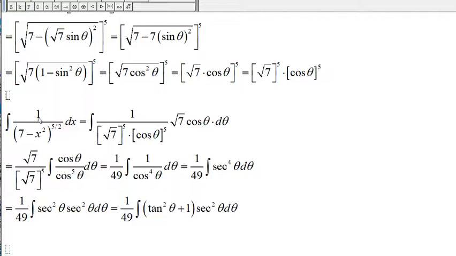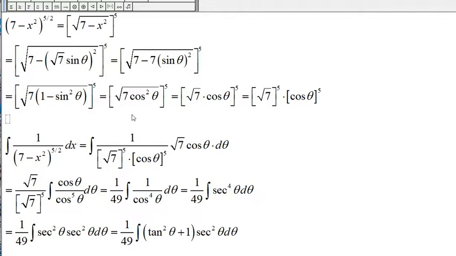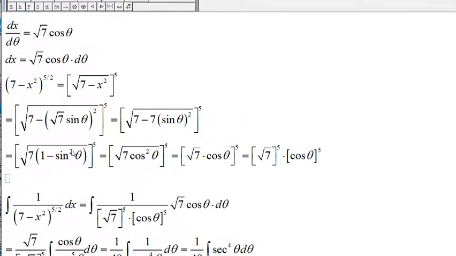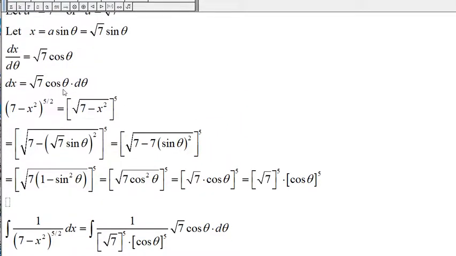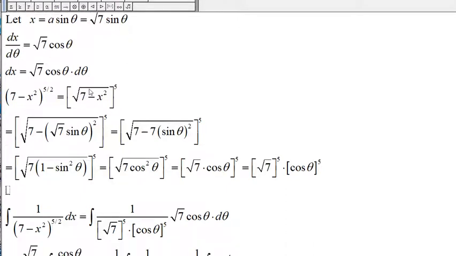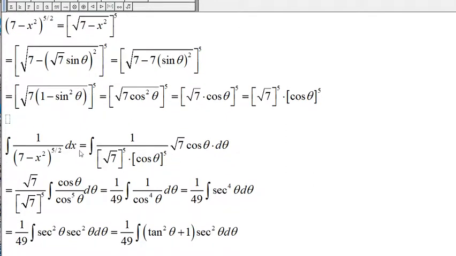The original integral now is equal to 1 over... So the expression (7 minus x squared) to the 5 halves is 1 over the square root of 7 to the fifth times cosine to the fifth. Dx is the square root of 7 cosine of theta d theta.